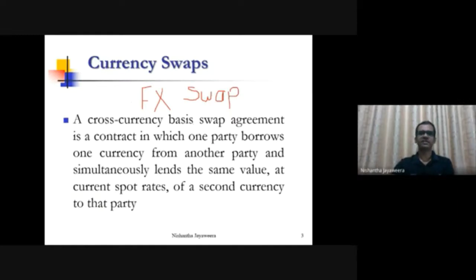Sometimes we call it a currency swap for simplicity, like instead of saying foreign exchange, we say FX. But the proper word is currency swap.